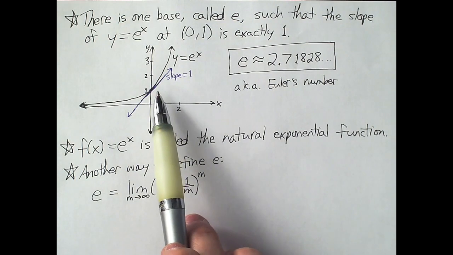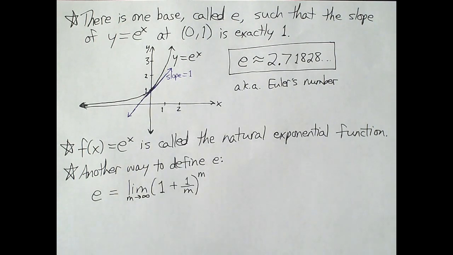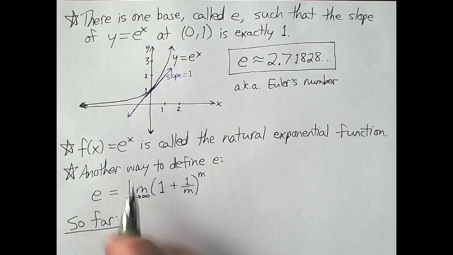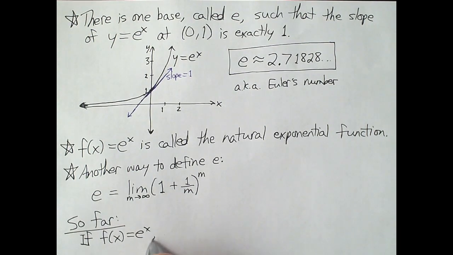And we actually talked a little bit about the slope of the tangent line. So far, based on what we've said today, we could definitively say that if f(x) = e^x, then we at least know f'(0) = 1.